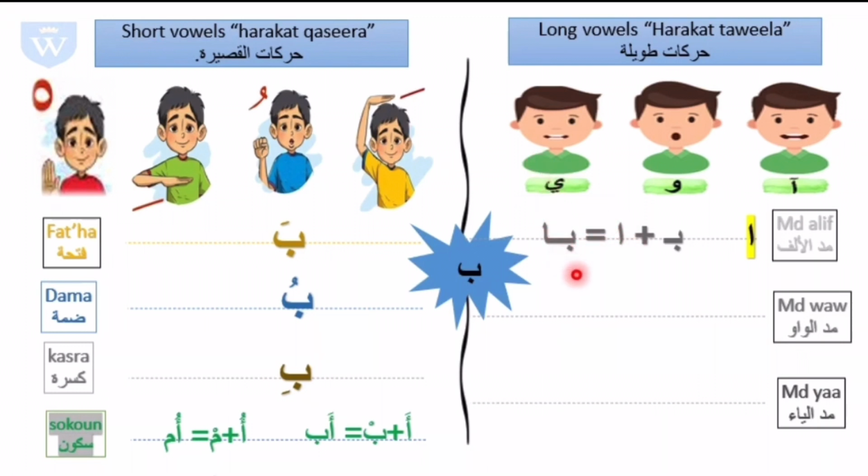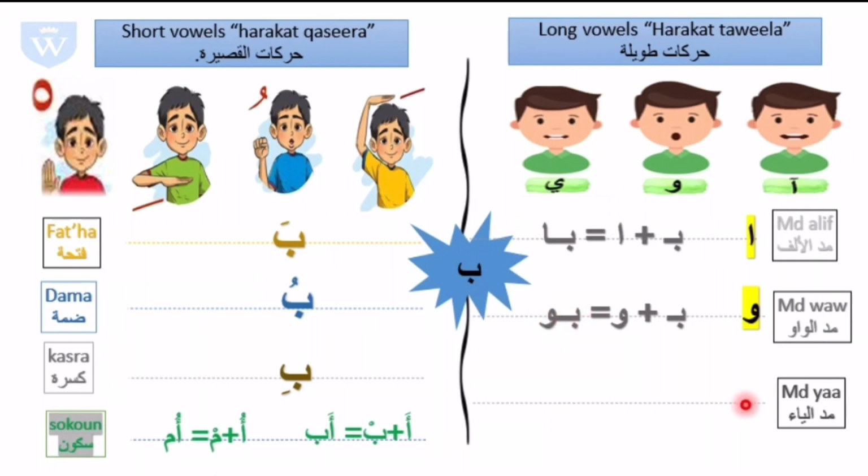Ba. Now we're going to move to مد الواو. The sound of مد الواو is "oo". So I'm going to pick up the same letter, b plus oo equals boo.